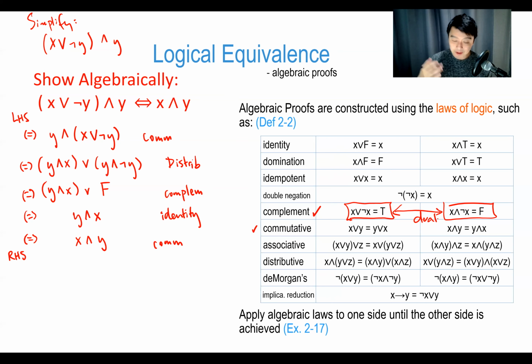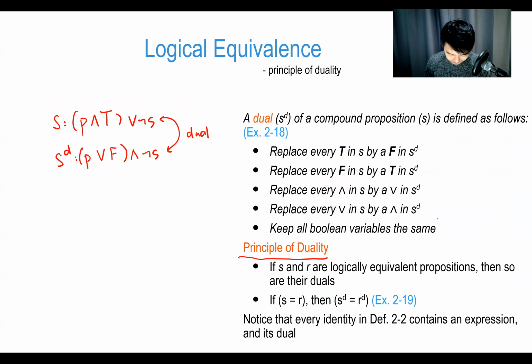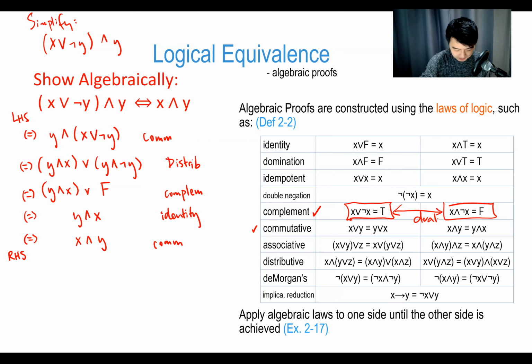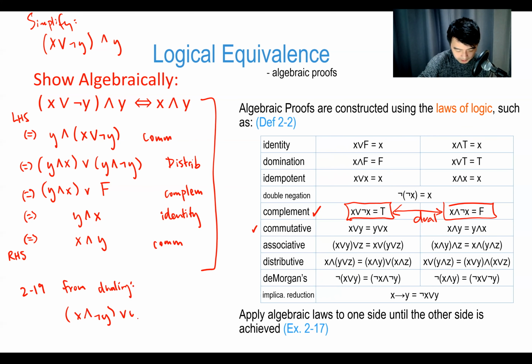Now, just an application of this, and I did label this as 219. So let's label this example as 219. Since this proof here proved that the right-hand side is logically equal to the left-hand side, I can immediately say from the duality principle that x and (not y or y) is logically equivalent to x or y.